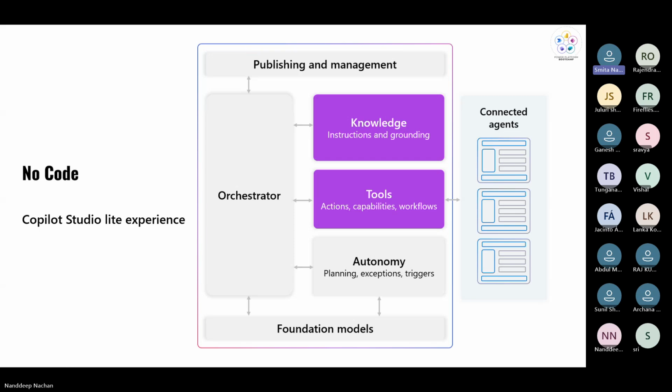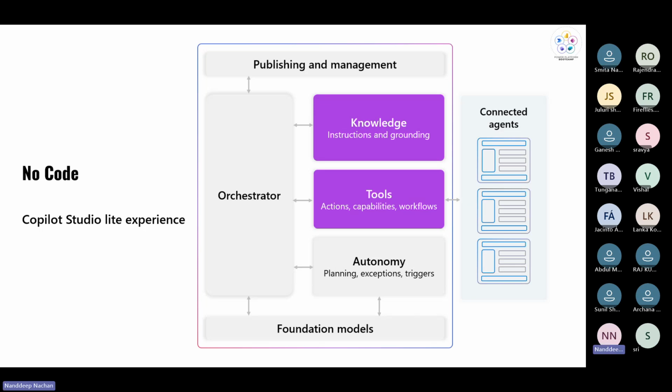Finally, the connected agents show that even in a no code model, Copilot can collaborate with other agents, but all the interactions stay within the safe, Microsoft managed environment. So, in summary, Copilot Studio Lite is about speed and simplicity. You configure the knowledge and actions, while Microsoft manages the models, orchestration, security, and scale for you.